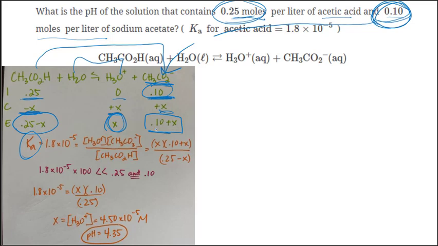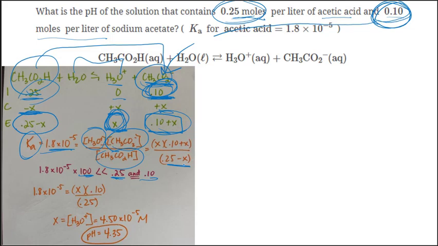We're still going to set it up the same way. Ka is equal to our products over our reactants. Our products are the concentration of H3O plus times the concentration of the conjugate base all over the concentration of acid. So when I plug in my x times 0.1 plus x over 0.25 minus x, I can still take my Ka, times it by 100, and I'm going to see that it is still way less than both of those initial concentrations.